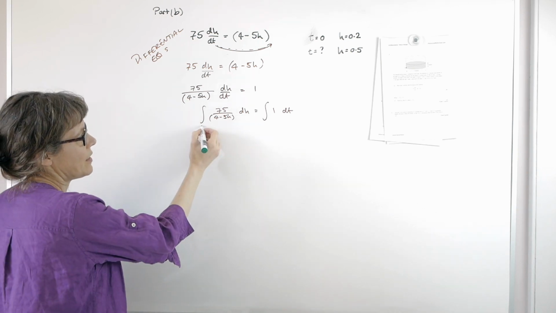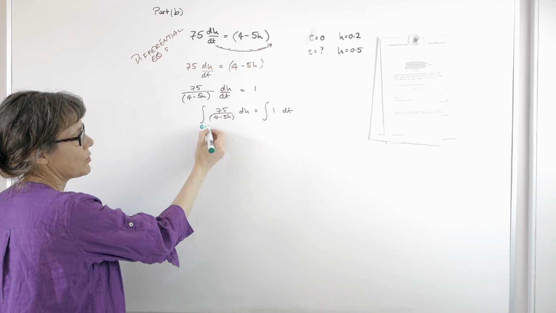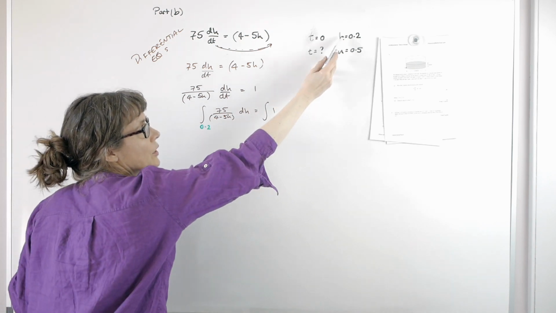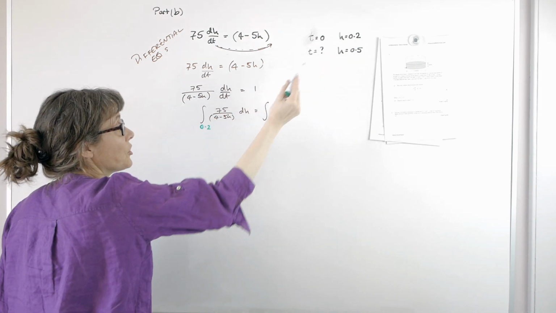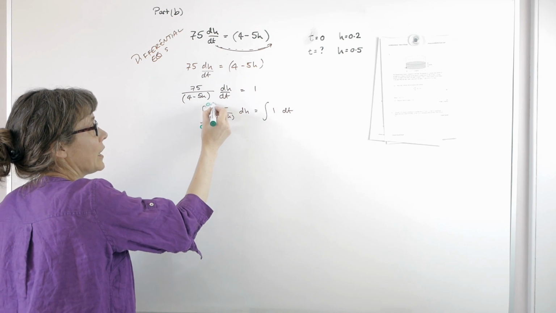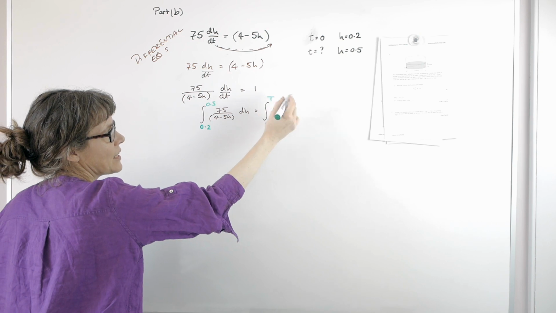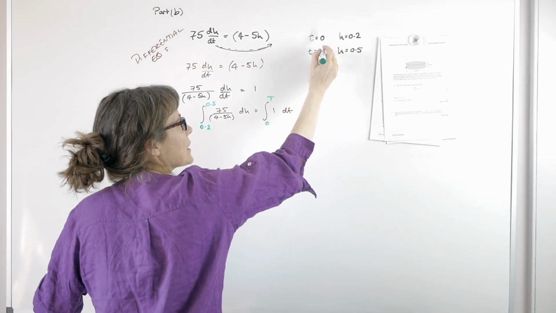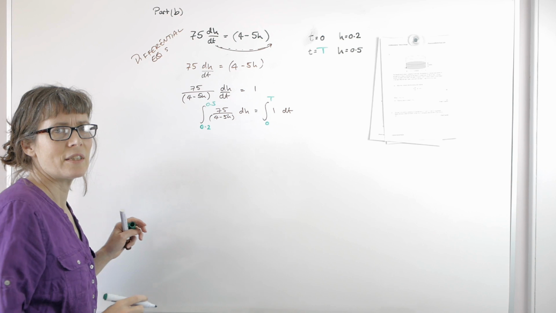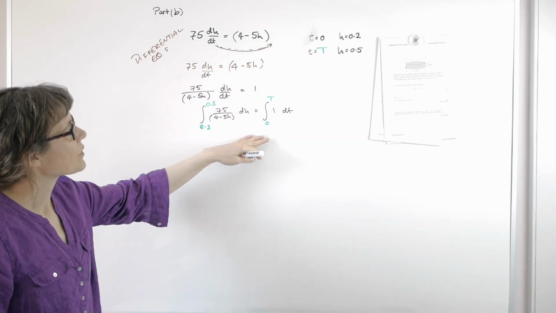So don't worry, I don't usually do it this way, but you could take h from the first point, 0.2, up to 0.5, and you'd have corresponding values here, maybe t equals big T, to my invented value. You could do it this way.